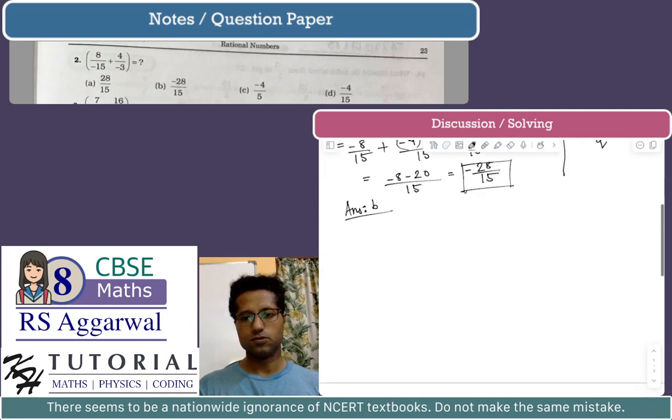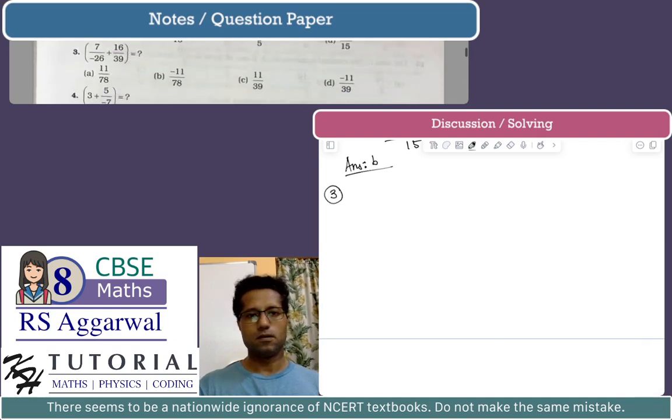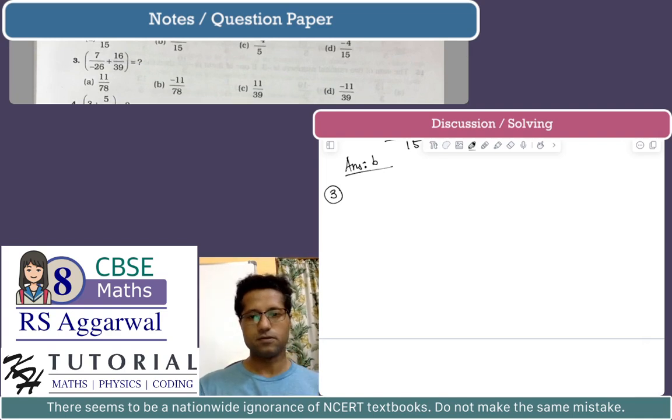Okay, so let's do problem number 3. These are all evaluation or simplification of some addition and subtraction or multiplication and division of rational numbers.